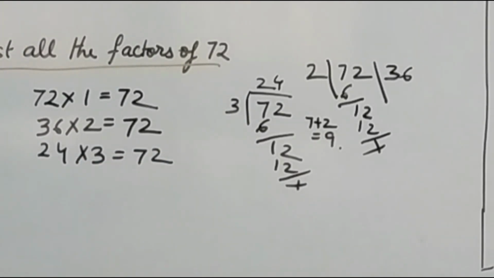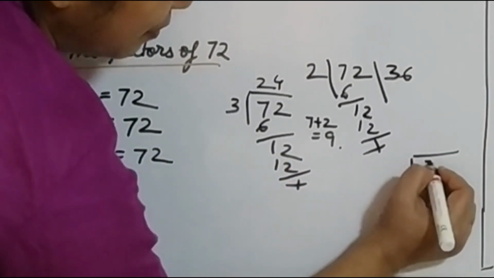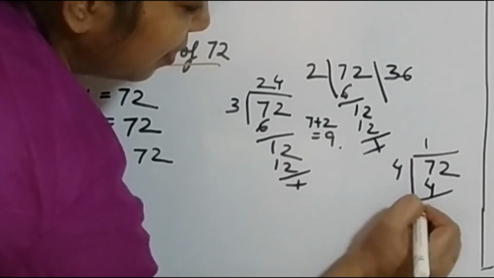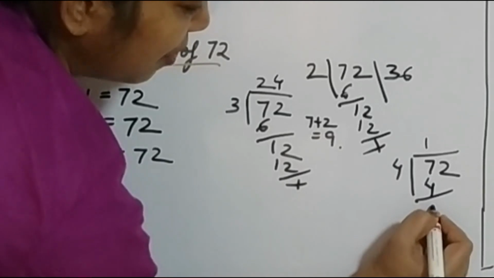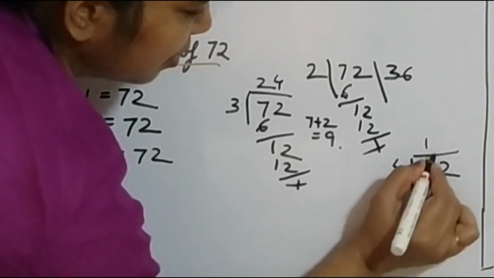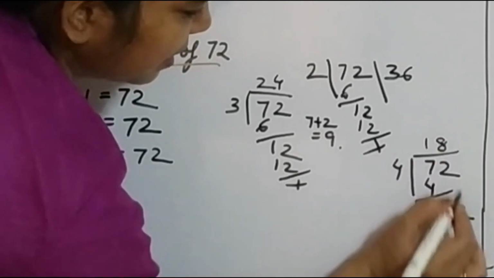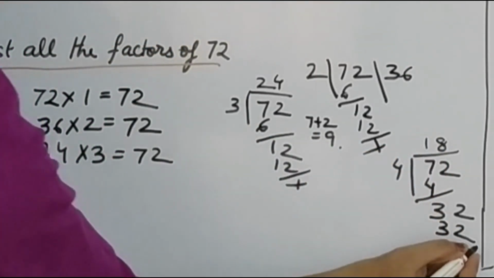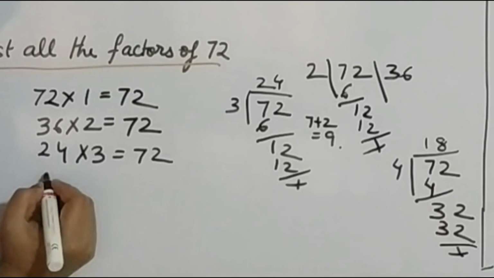Now let's check whether it will be divisible by 4. 72 divided by 4. 4 ones are 4, 4 8s are 32. So 18. 18 4s are 72.